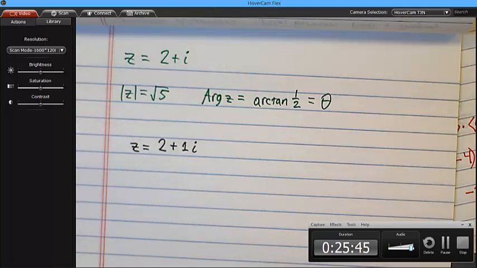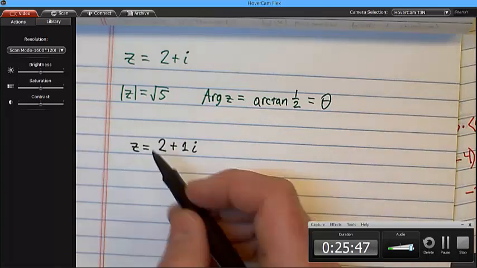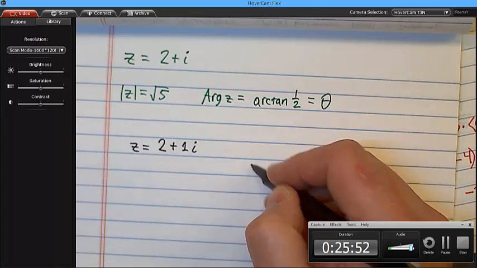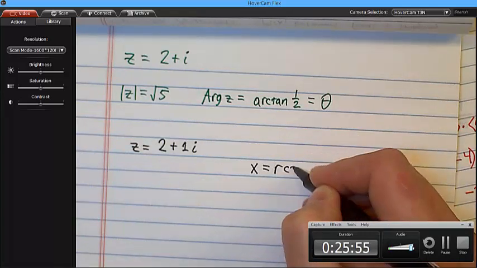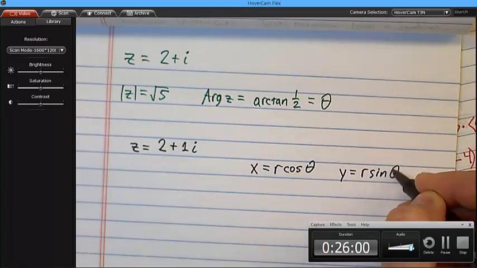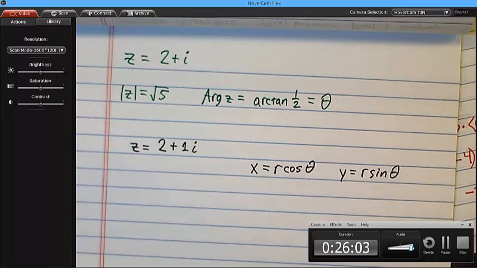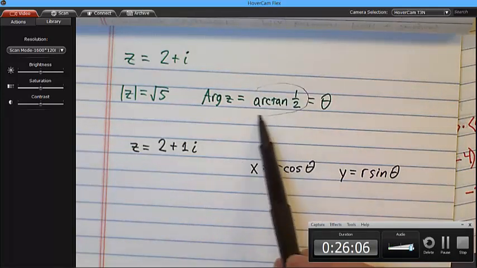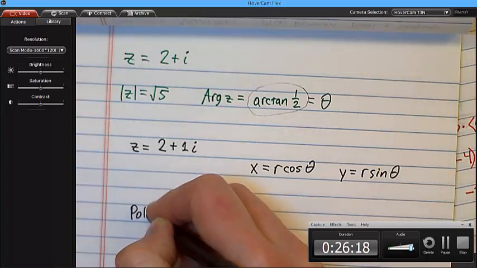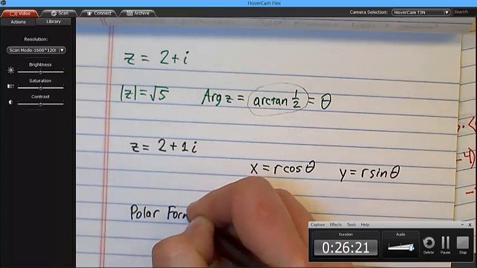So it might make sense that I think about the x direction being r cosine of theta and the y direction being r sine of theta, where theta here is the arctangent of a half. So that gives me the angle that I want to rotate. And so what I get is the polar form for complex numbers.